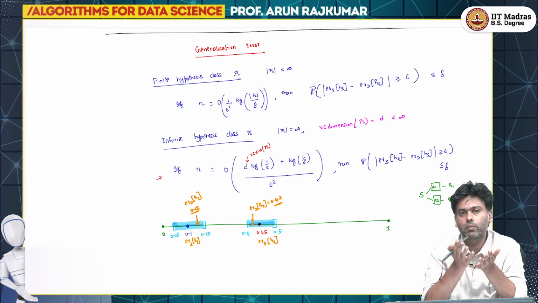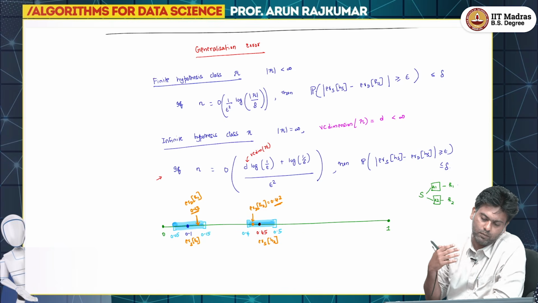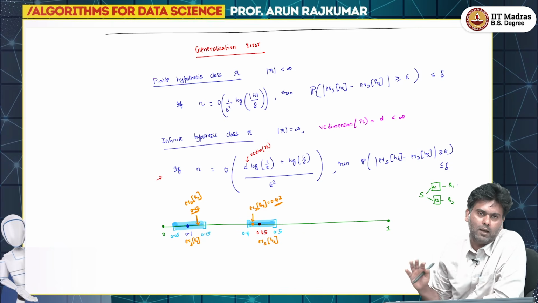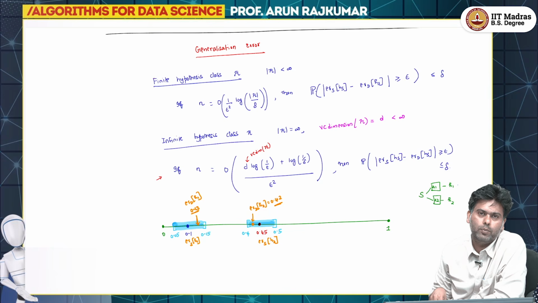That means I am still going to make 40 to 50% mistakes. This is the level we have reached so far: no matter which classifier your algorithm picks, its train error and test error are close to each other.